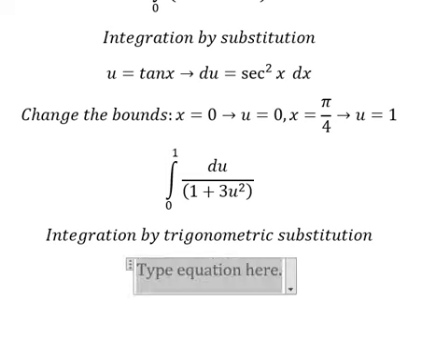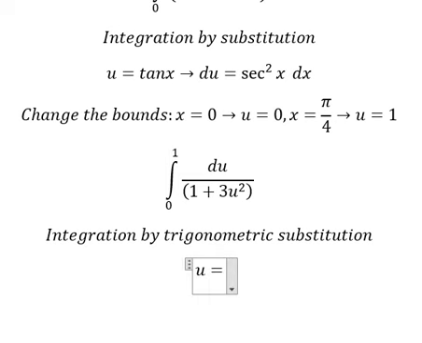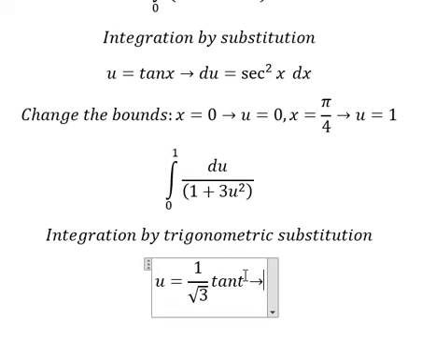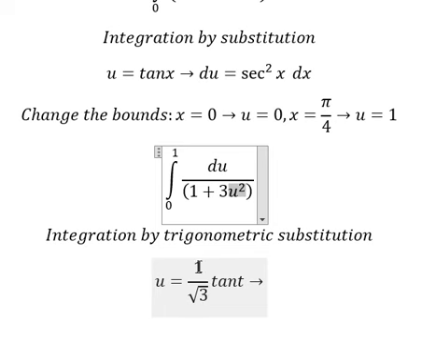So I will put u equals to 1 over the square root of number 3 tan t. Because if I put this one in here, we have 1 over 3 tan t squared.